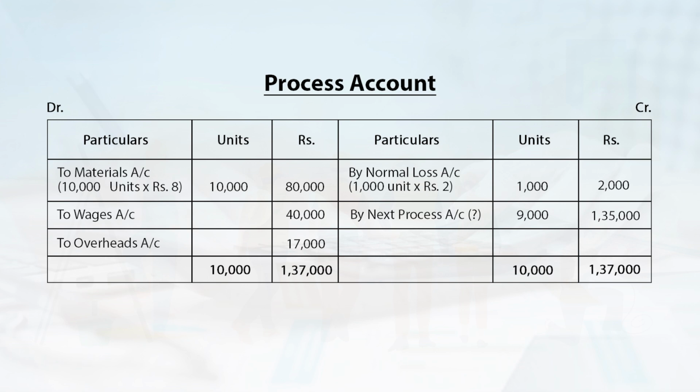Therefore, by next process account will come to 9,000 units and its value is 1,35,000, which is again a balancing figure, that is the difference between the total of the debit side, which is 1,37,000, minus realization from normal loss, rupees 2,000, giving us rupees 1,35,000.